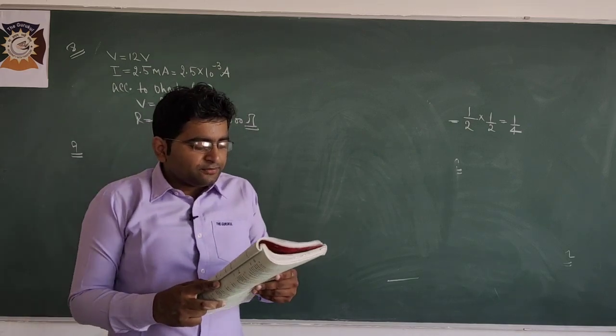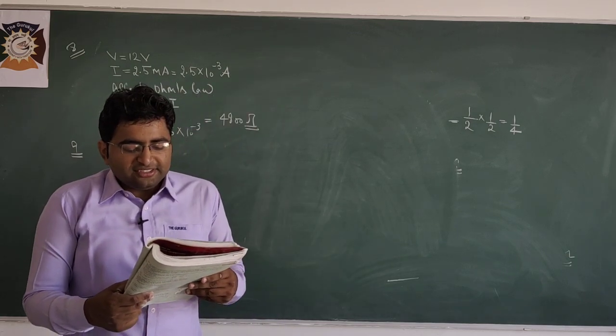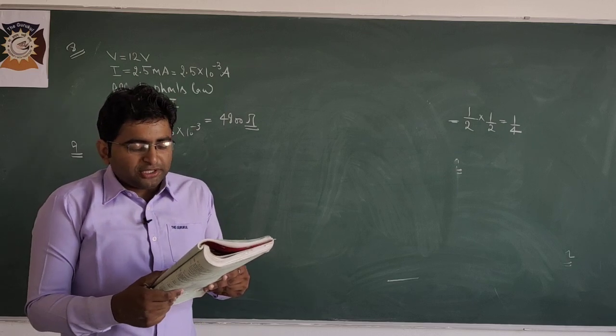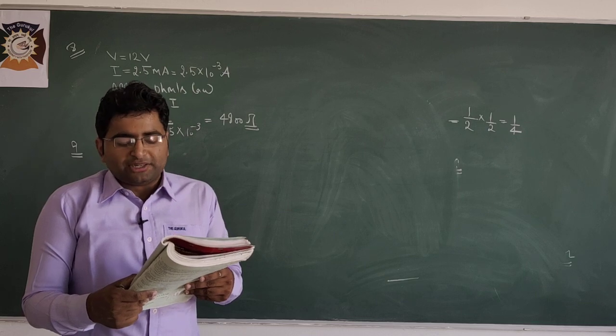Very important question. A battery of 9 volt is connected in series with resistors 0.2, 0.3, 0.4, 0.5 and 12 ohm respectively.